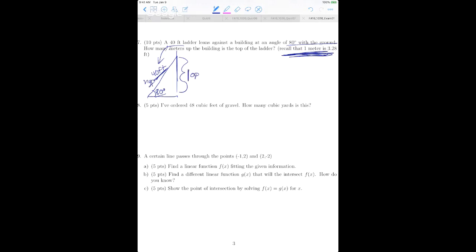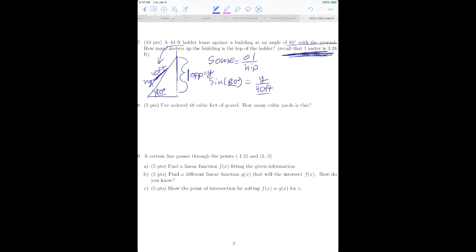Hypotenuse, opposite, well, that corresponds to sine. So I'm going to use sine of 80 degrees is going to be the same thing as this thing we don't know, let's call it y, divided by this thing we do know, a hypotenuse, 40 feet.